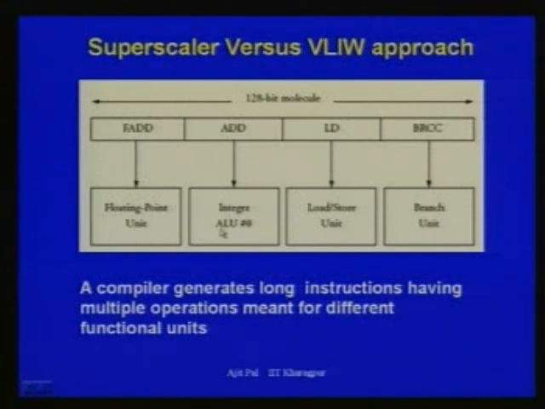So, your processor has got 4 functional units, and here that identification of the parallelism is done by compiler, by software, not by hardware. And whenever you do that, obviously you do not require power hungry hardware which does this identification of parallelism, instruction issue and all these things.